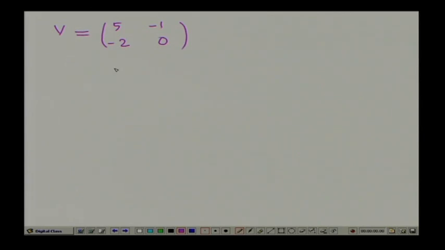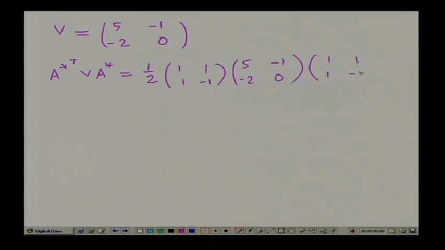By inverse transformation, what we get is A conjugate transpose V A conjugate, which by replacing these values we get as half into [1 1; 1 -1], then [5 -1; -2 0], and again [1 1; 1 -1]. And if you compute this matrix multiplication, the result will be 1 2 3 4, which is nothing but our original image matrix U.